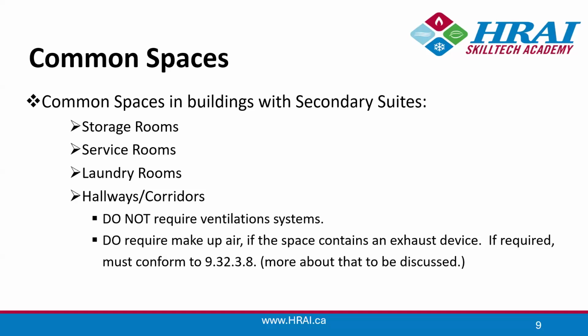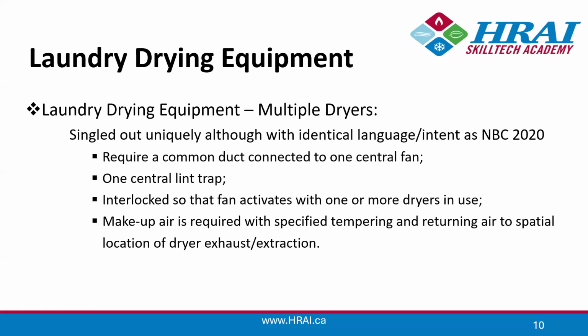When it comes to these common spaces, and in particular laundry rooms, the laundry drying equipment, when there are multiple dryers, was singled out uniquely in the Ontario Building Code to stay separate from NBC 2020 with different wording. However, the wording pretty much means the same thing.